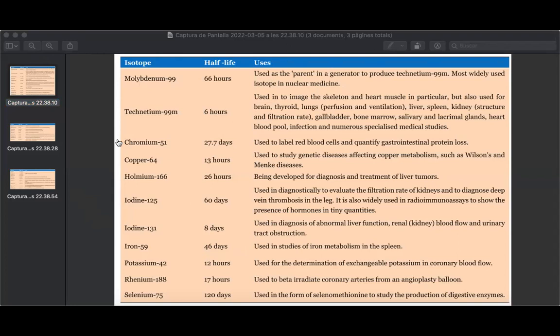In Spanish, the tiroides. Okay, the thyroid. We can use iodine on the thyroid to prevent cancer.